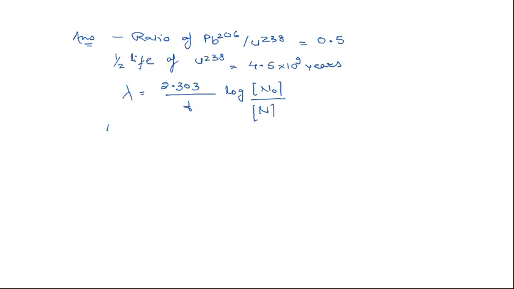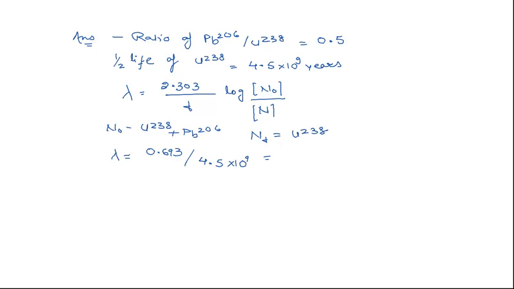Now what is N naught? N naught is U-238 plus Pb-206. And what is N_t? It is U-238. Right? Now what will be your lambda? Lambda will be equal to 0.693 divided by 4.5 × 10^9.